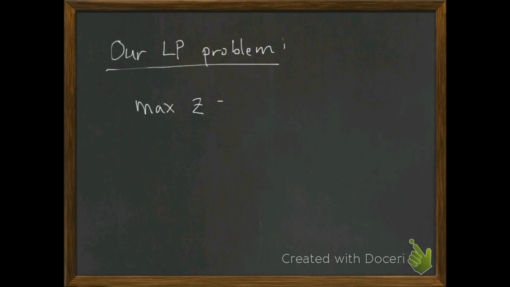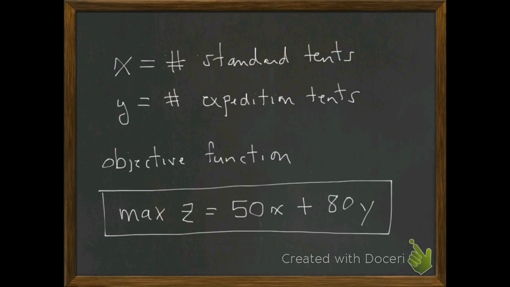Our LP problem is this. It's the objective function. Let me just double check, make sure I'm right on that. Yeah, 50x plus 80y.